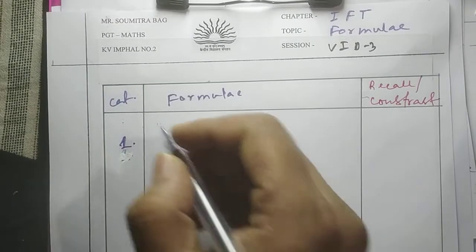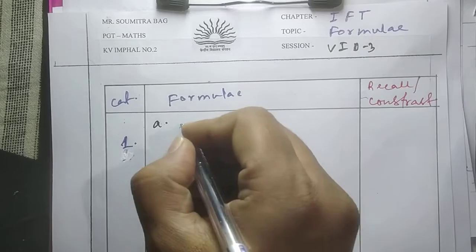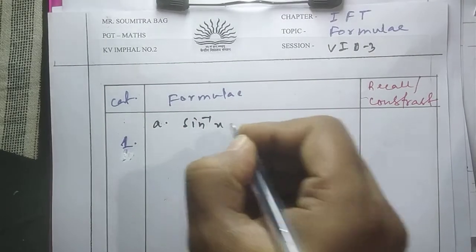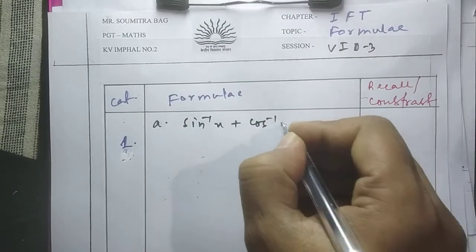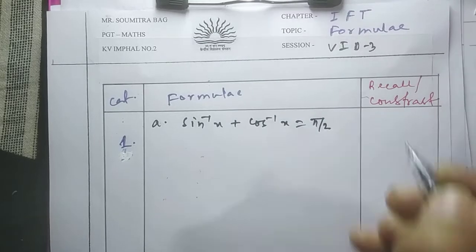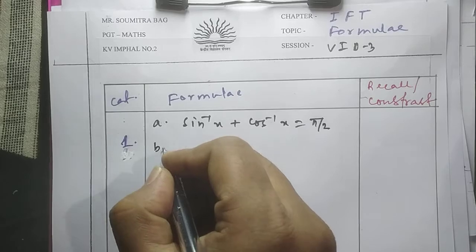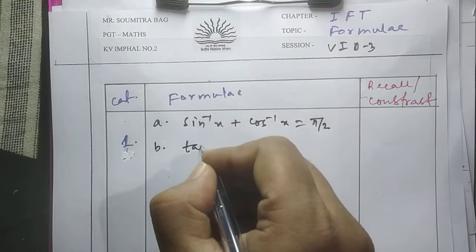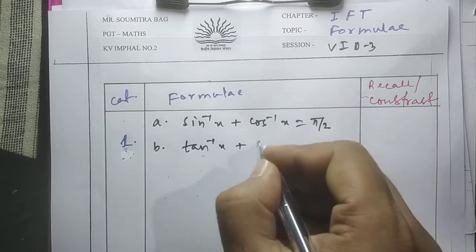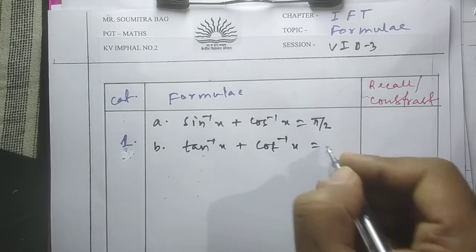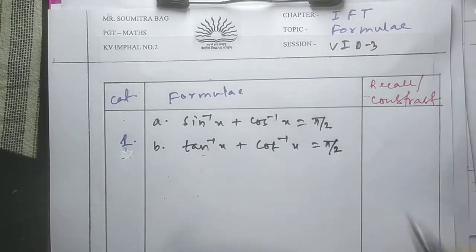In category 1, the first formula is that sin inverse x plus cos inverse x equal to pi by 2. Correct? The second formula is that tan inverse x plus cot inverse x equals, similarly, pi by 2.